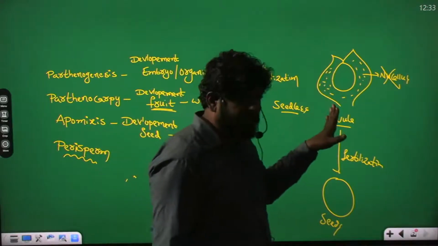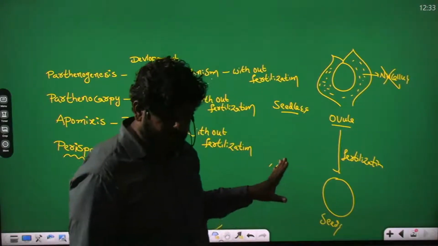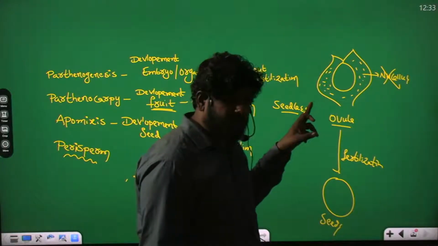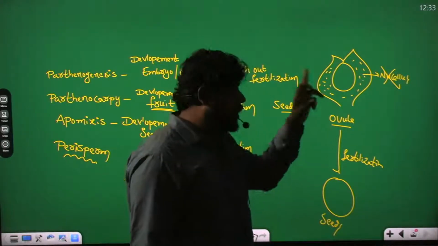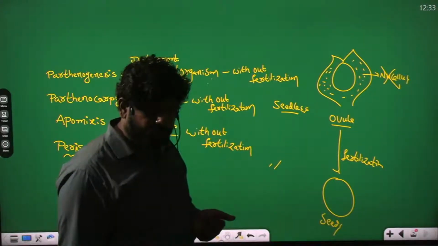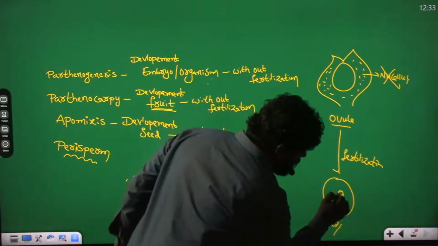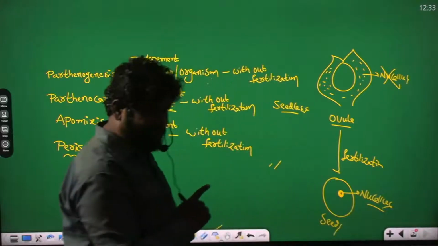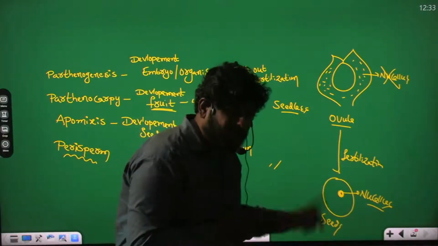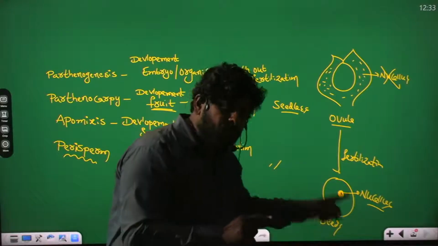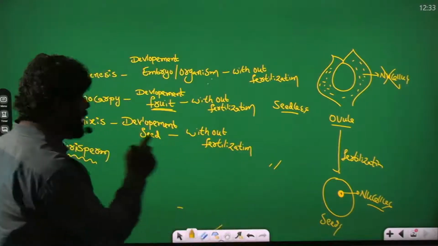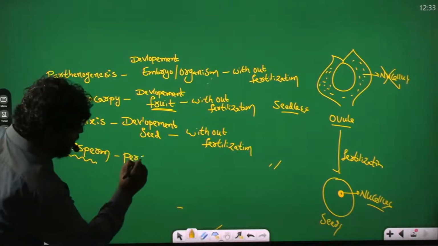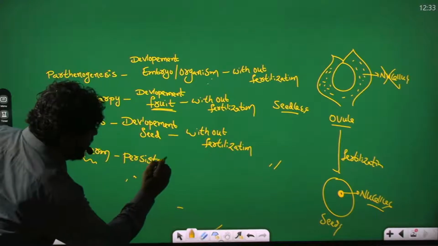Generally, the nucellus present in the ovule is absent in the seed. But in some seeds, this nucellus is remaining. In some plants, the nucellus is present in the seed. That nucellus is called perisperm. That's why it is called persistent, permanently present. Persistent nucellus.